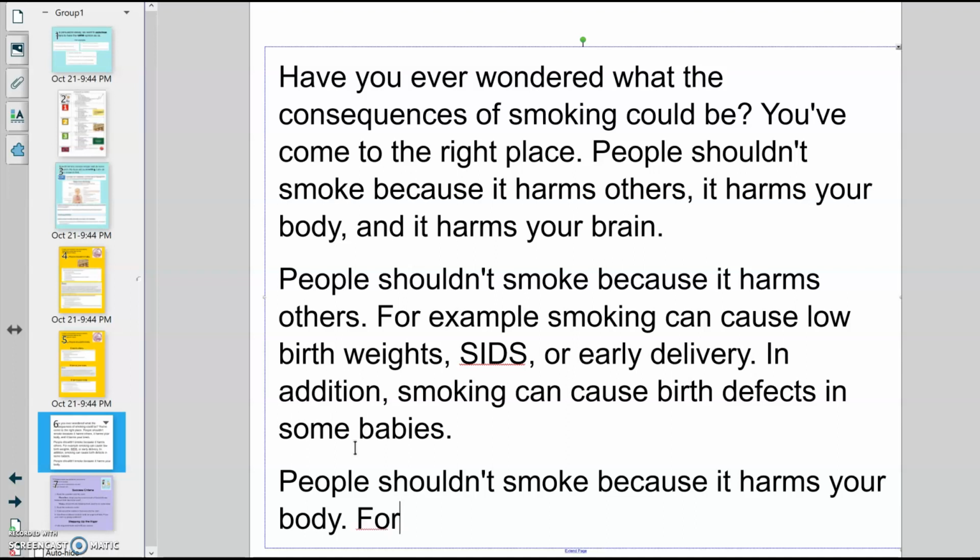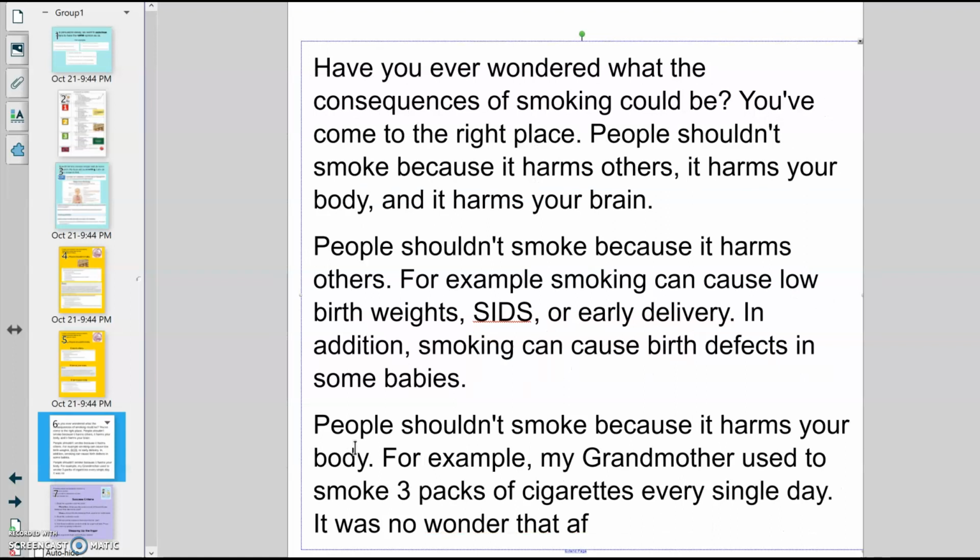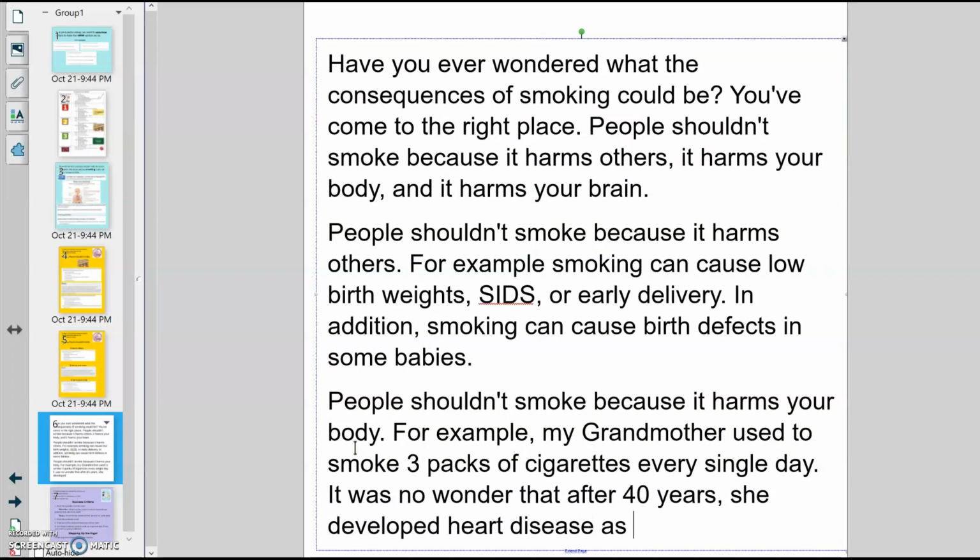So I'll say, for example, my grandmother used to smoke 3 packs of cigarettes every single day. It was no wonder that after 40 years, she developed heart disease as a result.